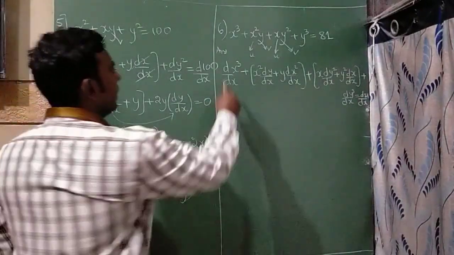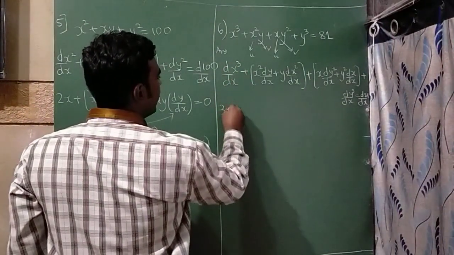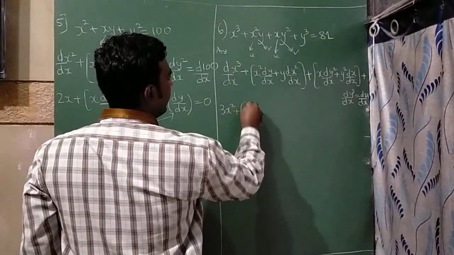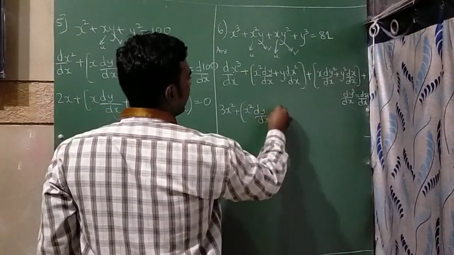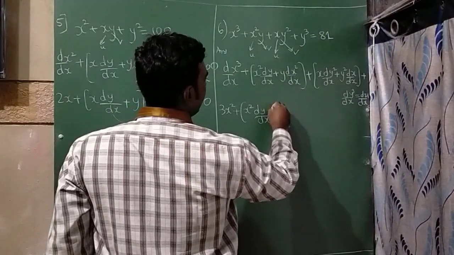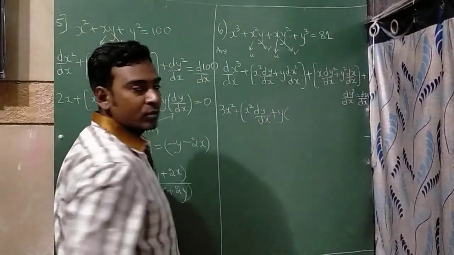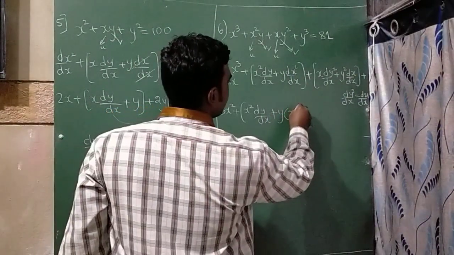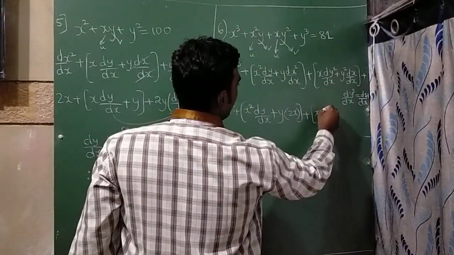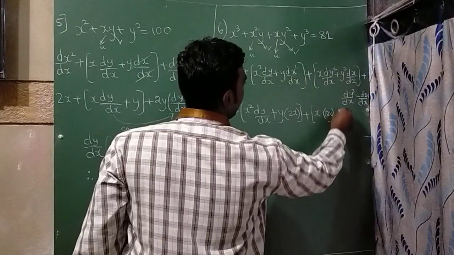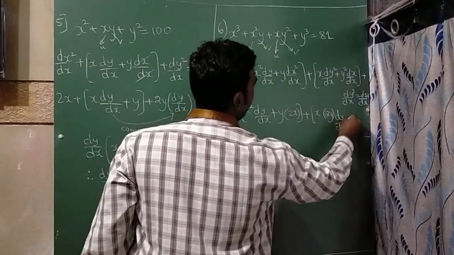Okay, now here d/dx of x³ is 3x², and this will be as it is, plus y d/dx of x² is 2x, and x d/dx of y² is 2y dy/dx.